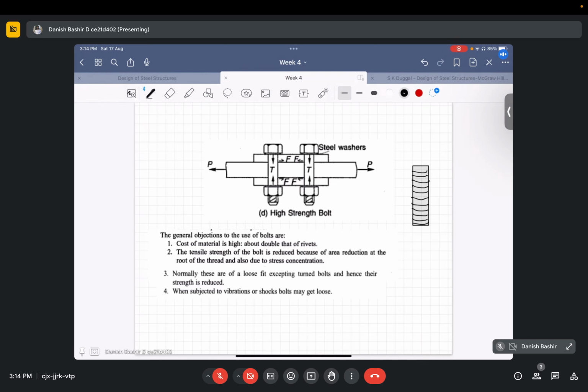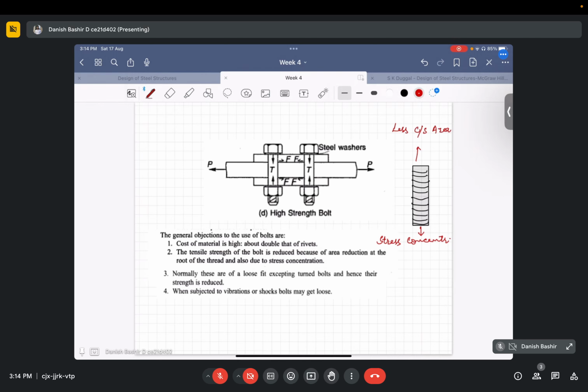Also, because of these threads there is stress concentration at numerous places. So this leads to two important things: first, less cross sectional area, and it also leads to stress concentration due to threading.